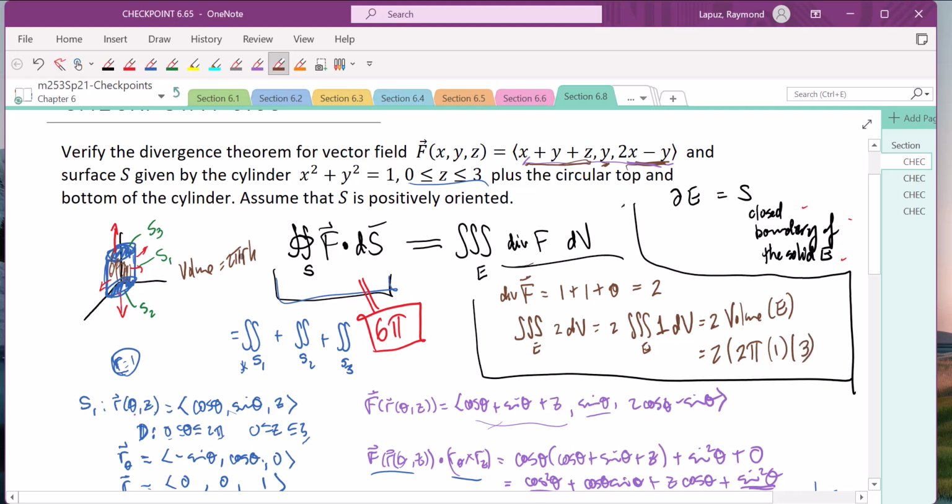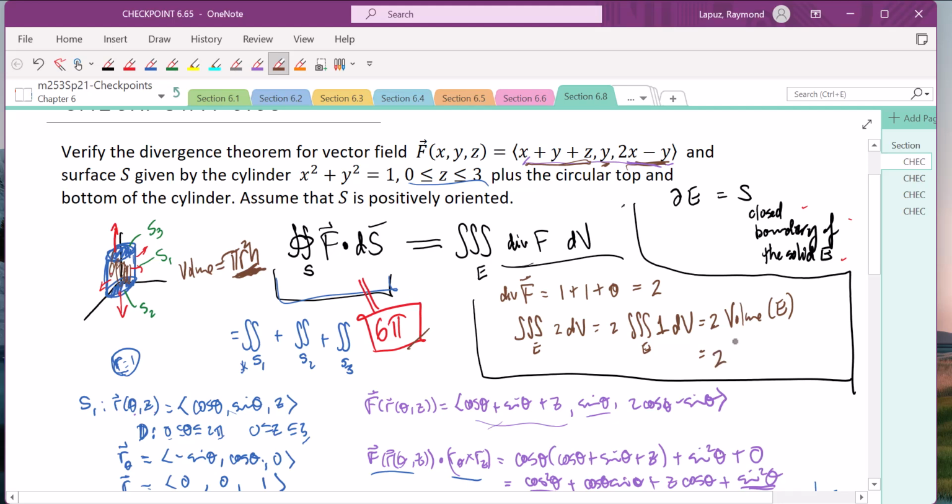I'm sorry, it's not 2 pi r h. I was wondering because this is 6 pi. It's just pi r h. So let's try that again. The volume is pi r squared h. I think I found the surface area there. So the volume is pi r squared h of a cylinder.